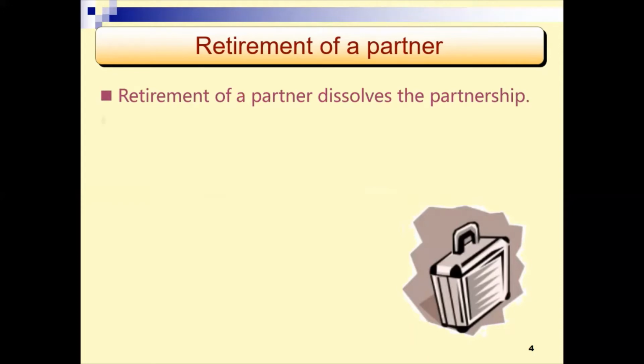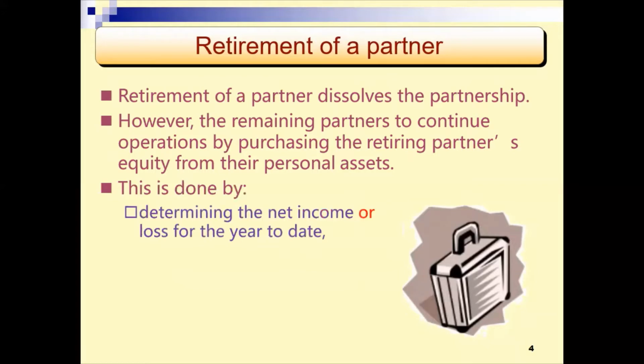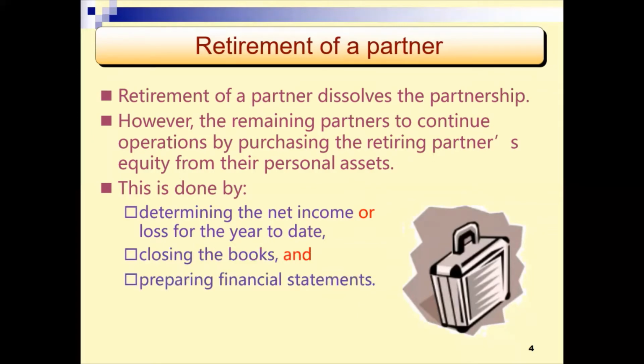And then if the remaining partners are willing to continue with the partnership, then they are purchasing the equity of the retiring partner using their personal assets. This can be done in the following ways: determining the net income or loss for the year in which the partner retires up to the date of that particular year, closing the books of the partnership, and finally preparing the financial statements.